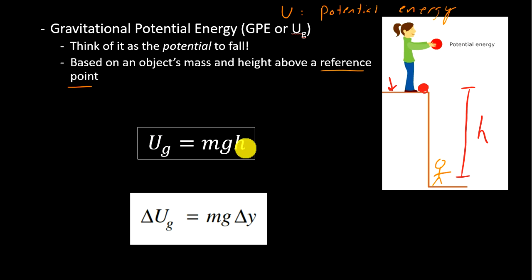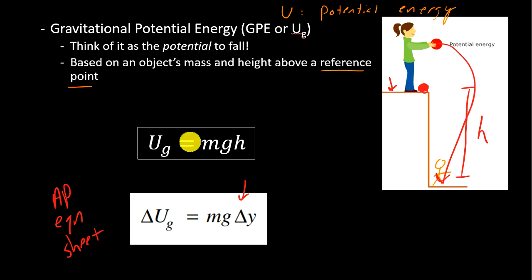While this is a simple equation, this is what the AP equation sheet gives you. I just don't want you to be confused. They are simply highlighting the fact that we really care about the change. The ball going from here to here. That's what's important. It's really all about a change in y, a change in height.